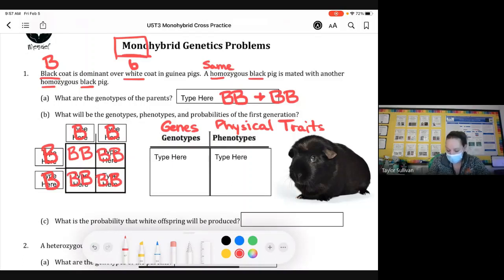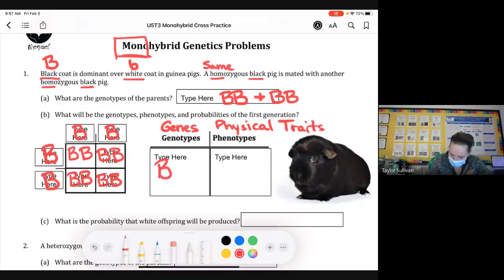So what are the genotypes? What are the combinations of alleles that the kids have? Like, what are the kids' genotypes? What alleles did they get? What letters are we saying?